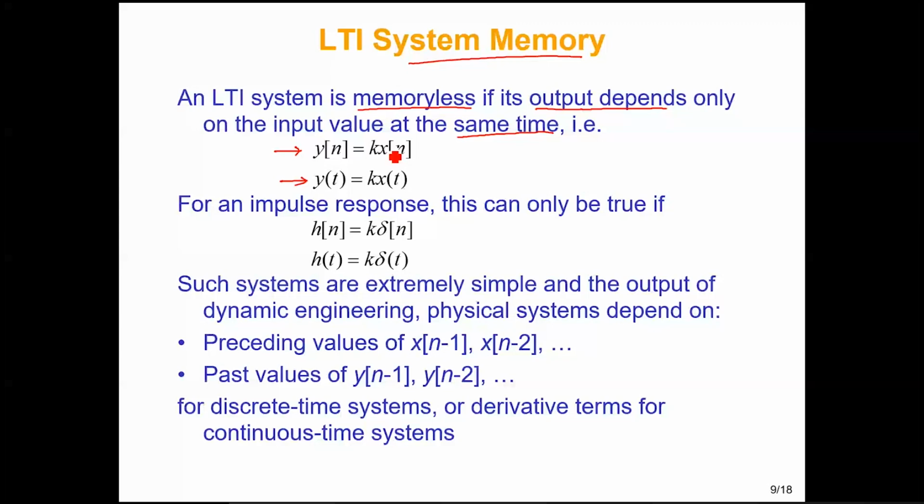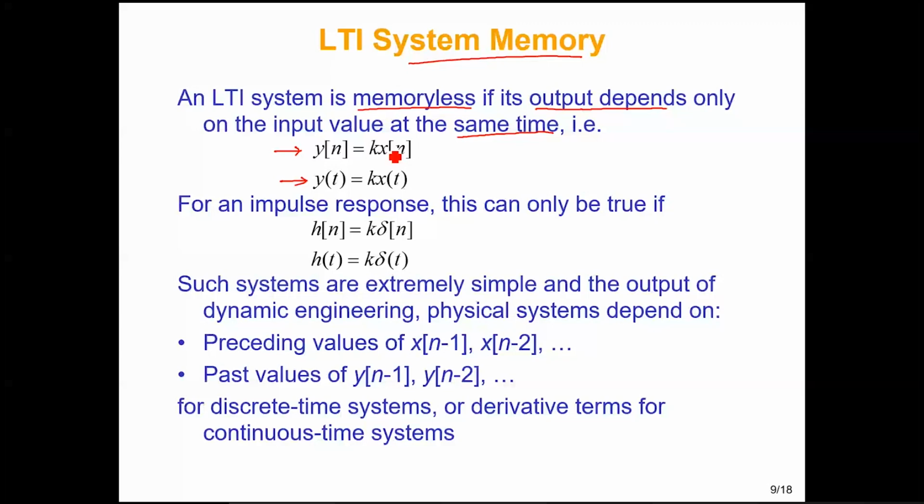In real life, most of the systems we come across are not memoryless. They are memory systems whose output depends not only on the present input but on previous inputs and at times previous outputs also. So we know what memoryless and memory systems are.